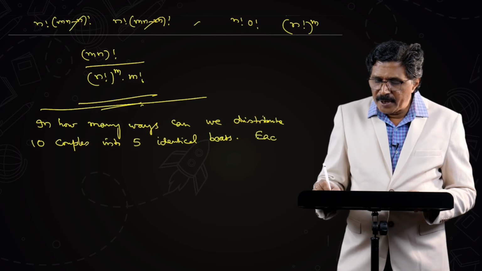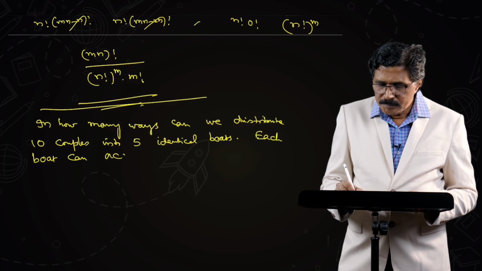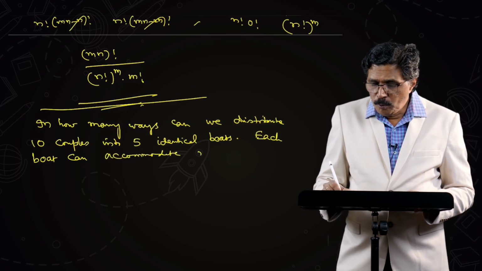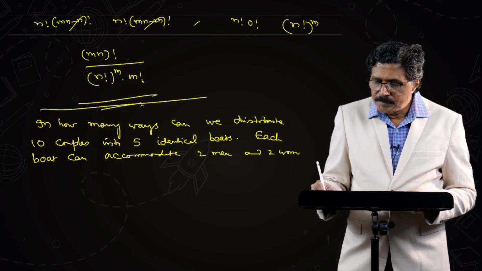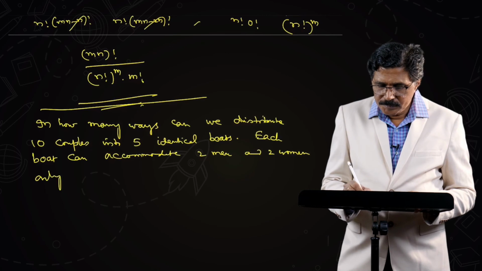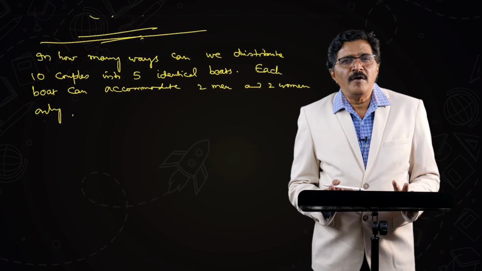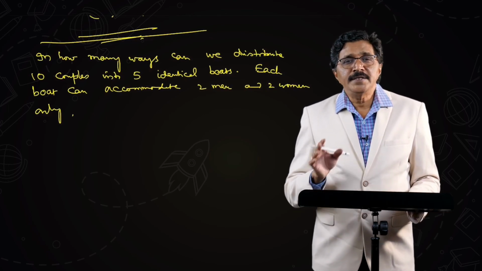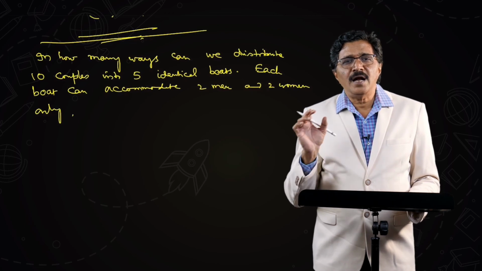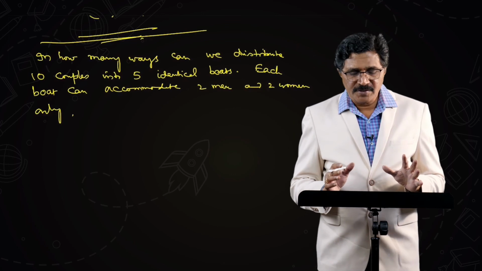Each boat can accommodate 2 men and 2 women only. So in how many ways can we do it? So we have 10 couples and there are 5 identical boats, and each boat can accommodate 2 men and 2 women only. So in how many ways can we distribute this?